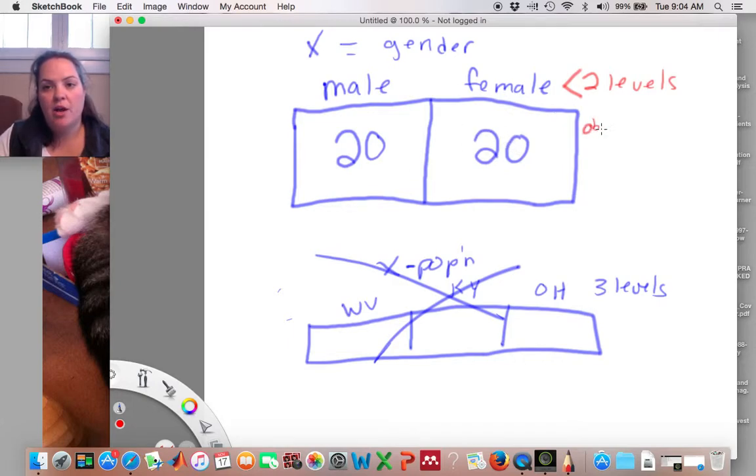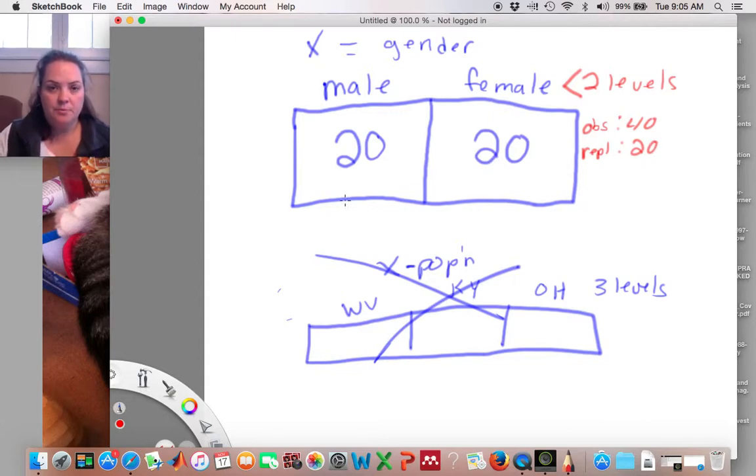So we had 40 total observations. However, we did not have that many replicates. Our replication was actually only 20 because we only had 20 females. We only had 20 males. So while we had 40 total observations, our replication was 20.